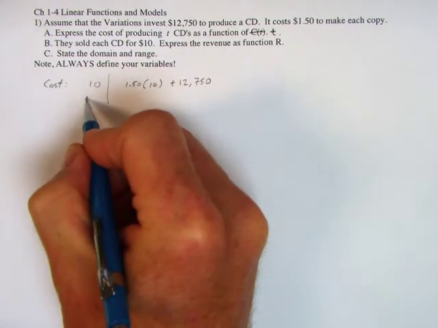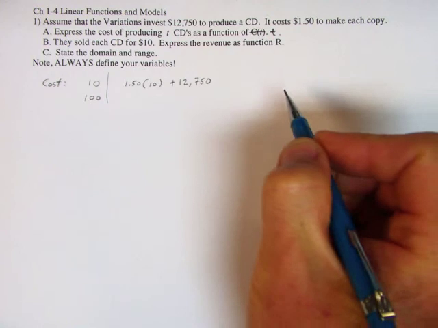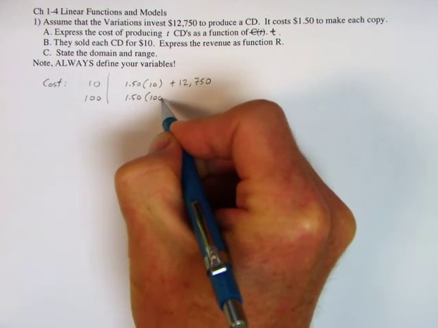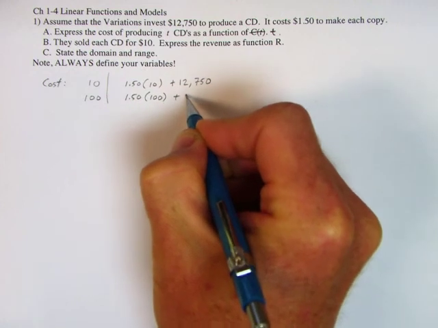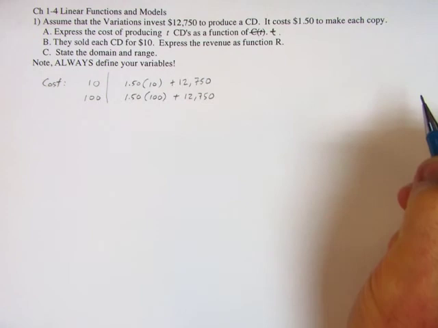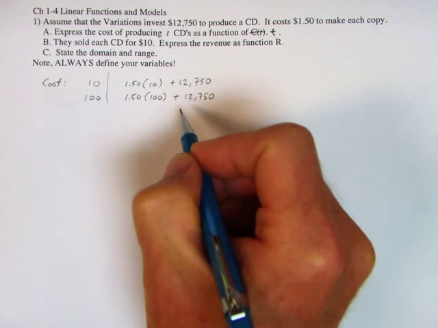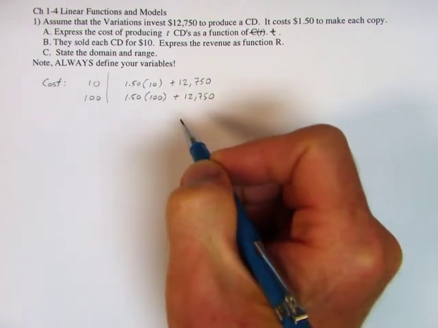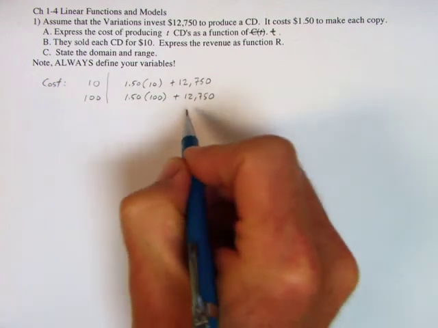What if there were 100 copies that I made? Then I'd take $1.50 and multiply it by 100, and I'd still have to add in that $12,750. If this is not clear enough, we can try one more example, but most can start seeing that there's a pattern here.